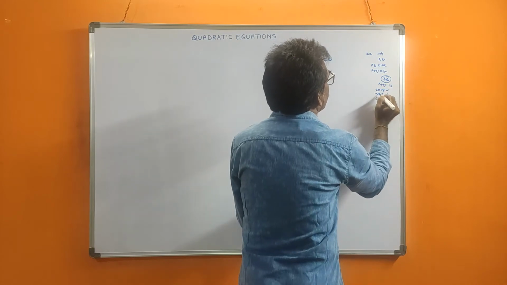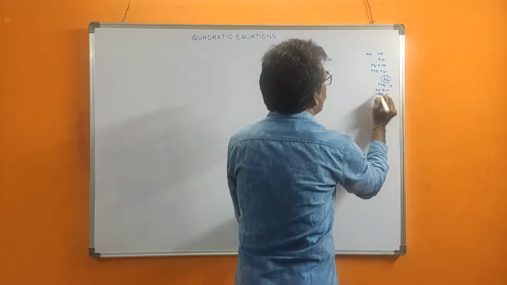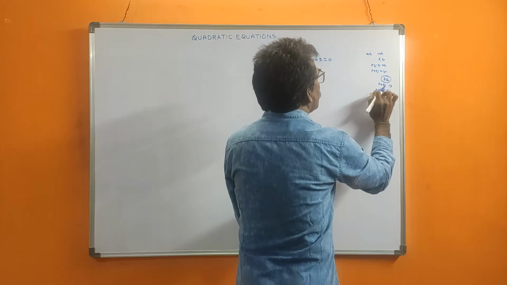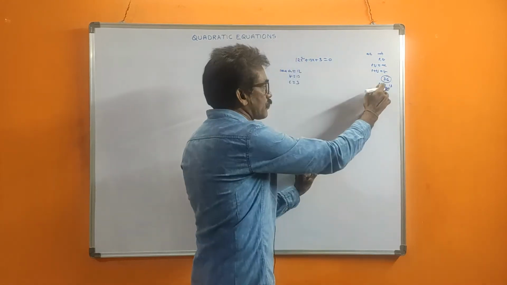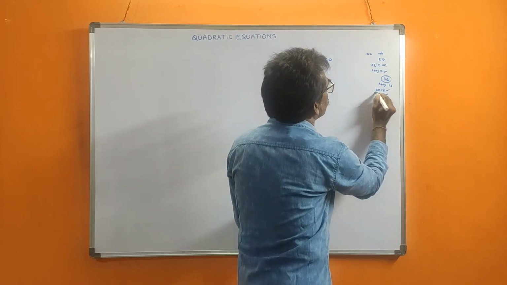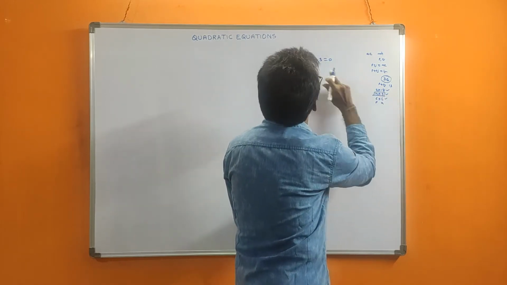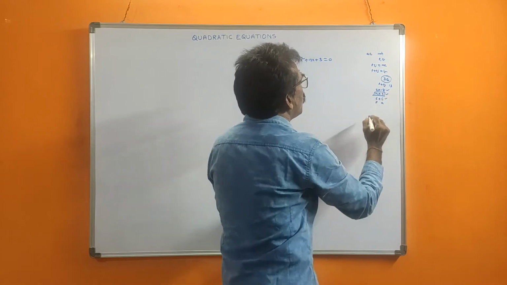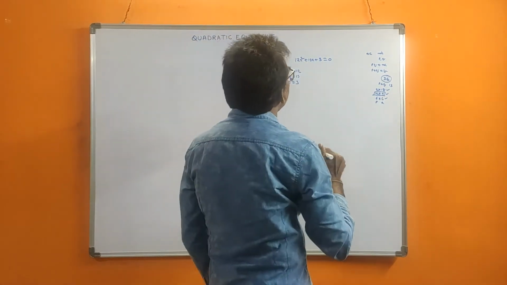In each case PQ is 36 only, but P plus Q should be 13. See, in this set, 9 plus 4 is 13. So you should take this set, 9 and 4. Like that you should select.